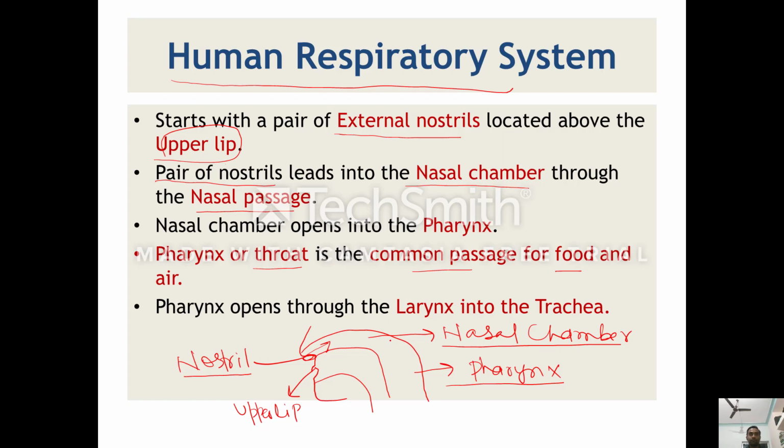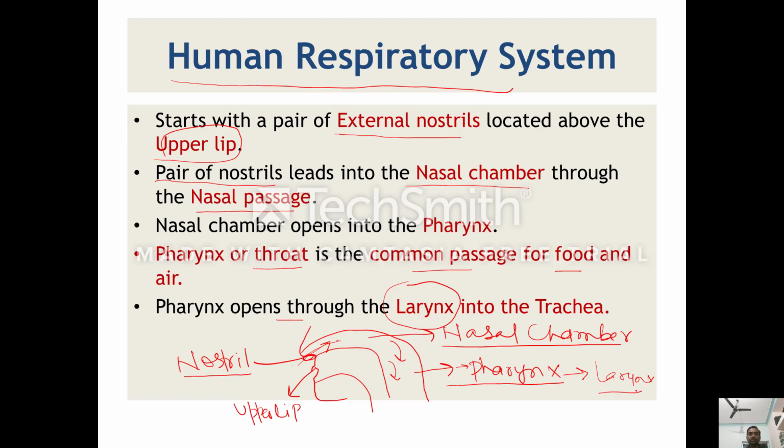Pharynx then enters into the trachea through the larynx. So the human respiratory system starts from the external nostril, enters the nasal passage, then the pharynx, then the larynx, and the larynx enters into the trachea.